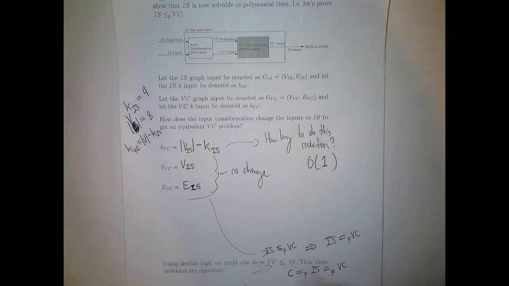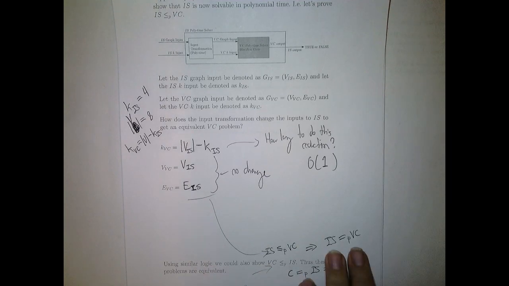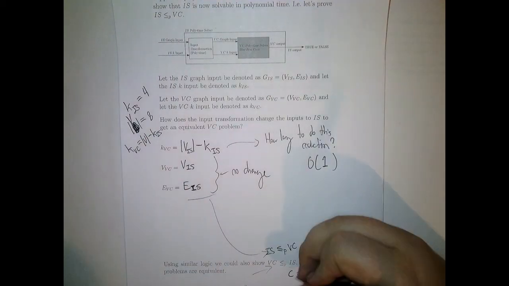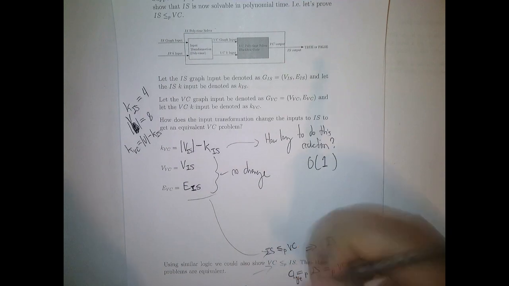And also, using similar logic, we can show that vertex cover is polynomial time reducible to independent set. From these, we know these two problems are equivalent. And then we've also shown indirectly a relationship between clique and vertex cover. Clique is reducible to independent set in polynomial time, which is reducible to vertex cover.